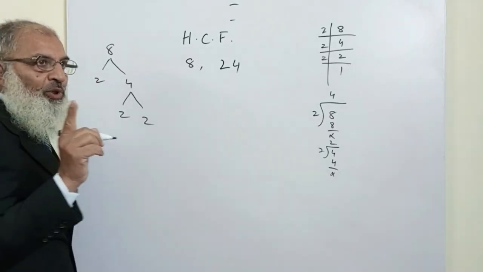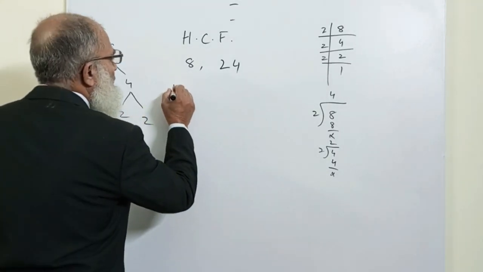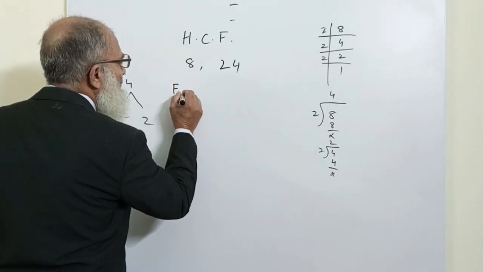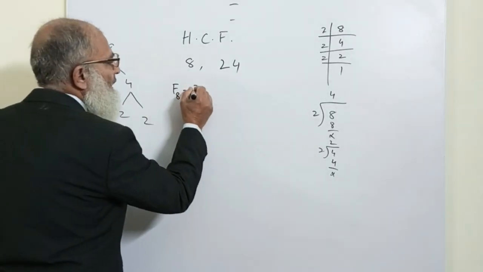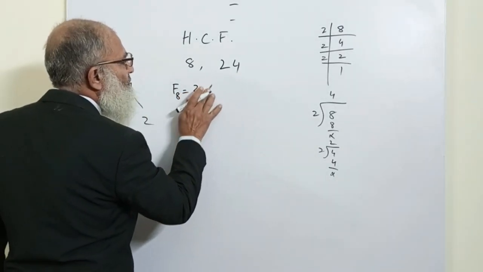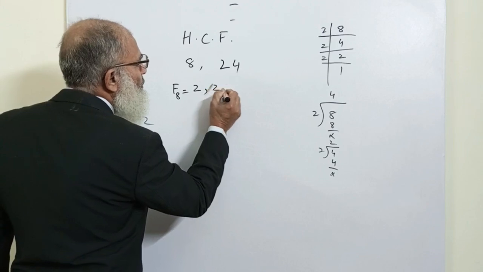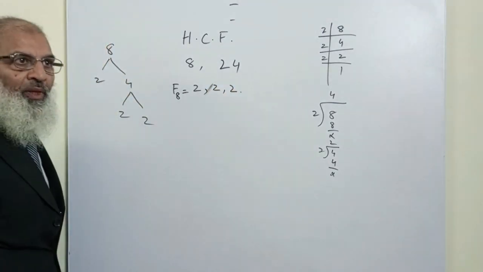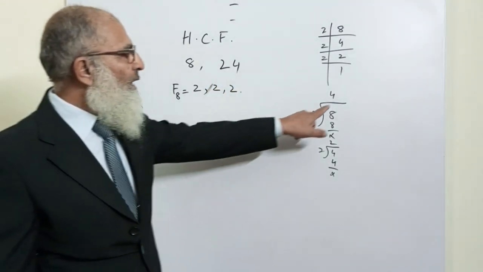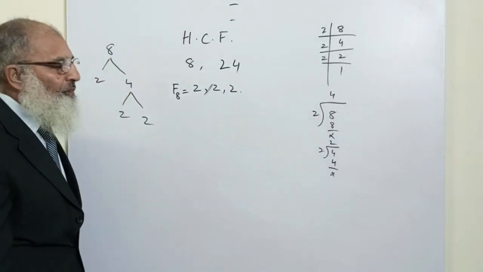But the outcome must be the factors. Now what we write here is 8, and the factors are 2 2 2. I don't have to write this 4 over here.